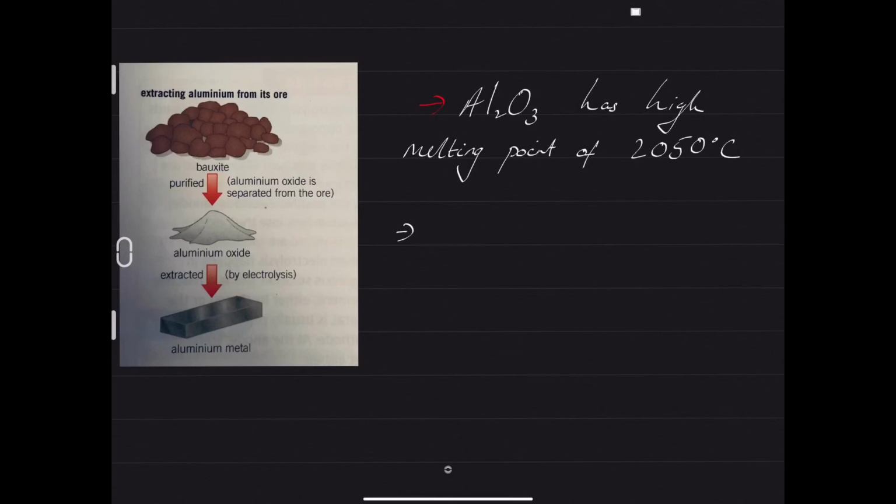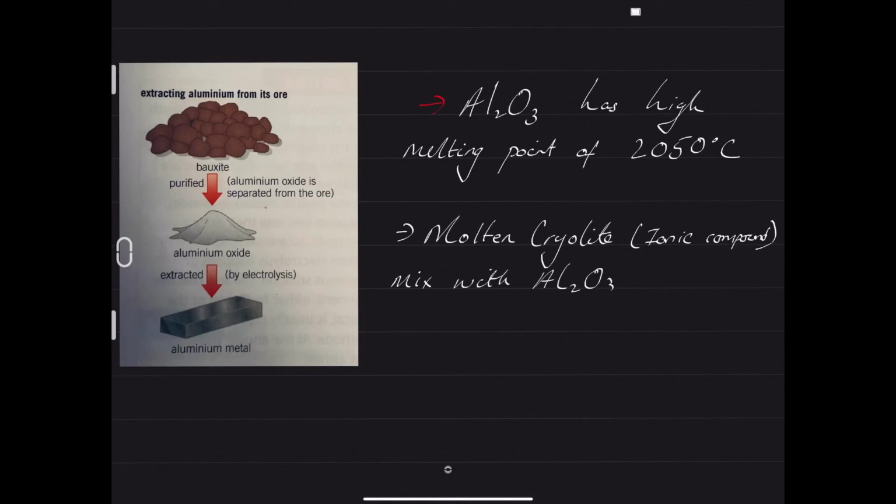Molten cryolite, which is an ionic compound, is added or mixed with the aluminium oxide, Al2O3.